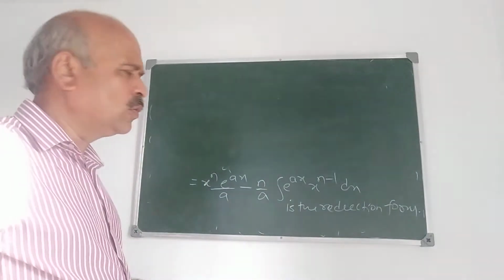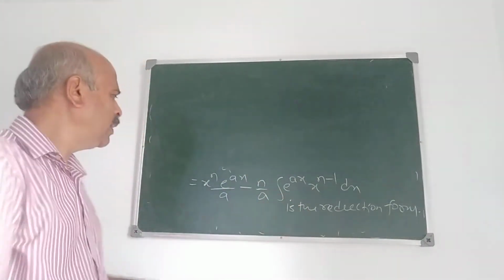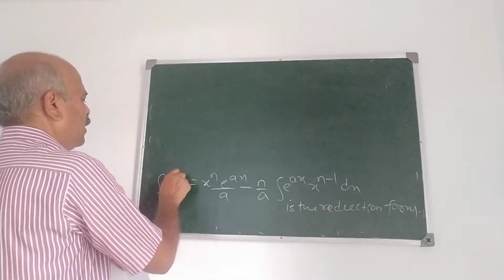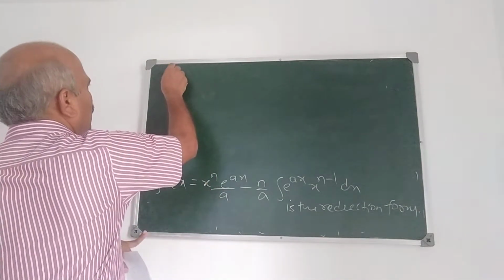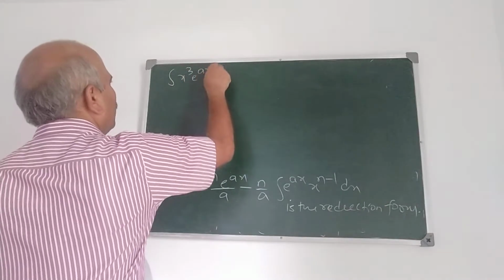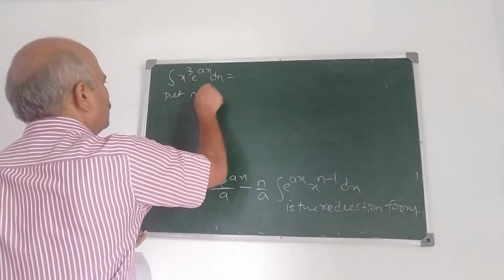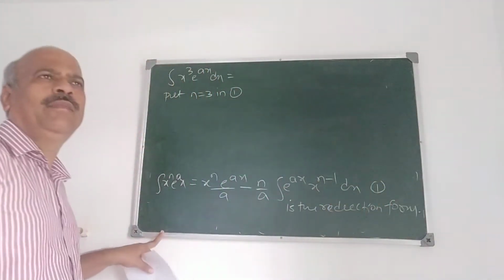I think you followed how to apply integration by parts to obtain the reduction formula. This serves as a reduction formula, x raised to n e raised to x dx. Now consider integral x cube e raised to ax with respect to x, substituting n is equal to 3 in 1. Take this as 1. This is the reduction formula.